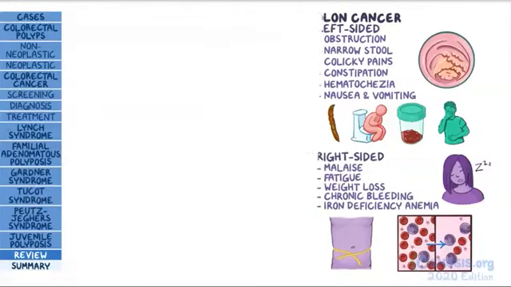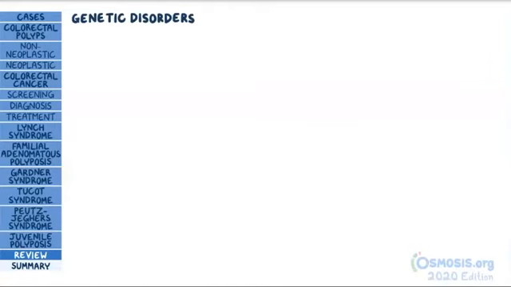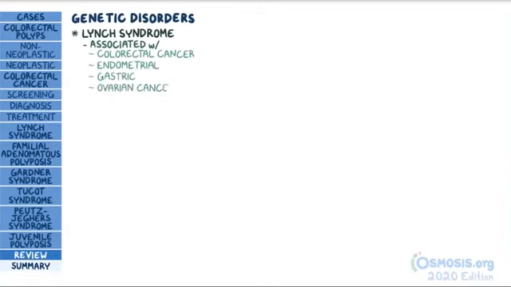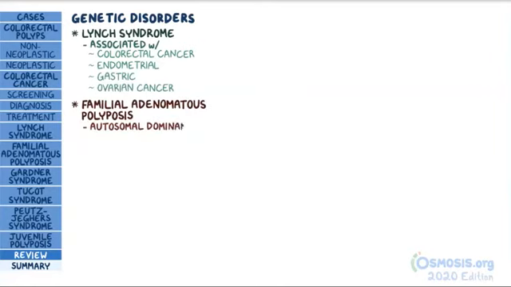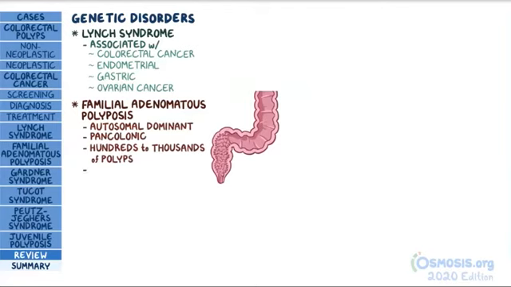Genetic disorders associated with colon cancer include Lynch syndrome, which is a cancer syndrome associated with a high risk of colorectal, endometrial, gastric, and ovarian cancer. Familial adenomatous polyposis is an autosomal dominant pancolonic condition involving hundreds to thousands of polyps, caused by a mutation of the APC gene.